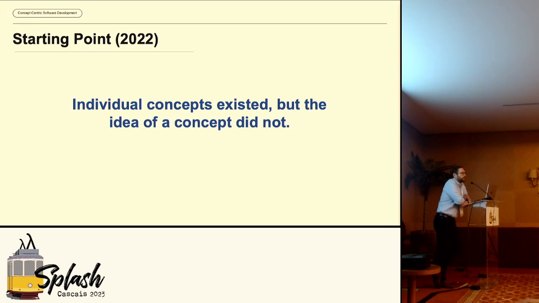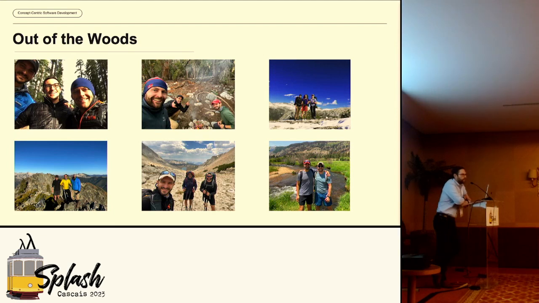If you analyze the natural language, there would be terms and tokens within that natural language which did correspond very strongly to software components and concepts. But they didn't exist formally. We didn't have a word for a concept. We sometimes called them primitives, sometimes low-level building blocks, but we didn't have a word for them.